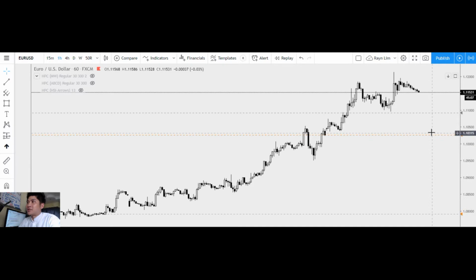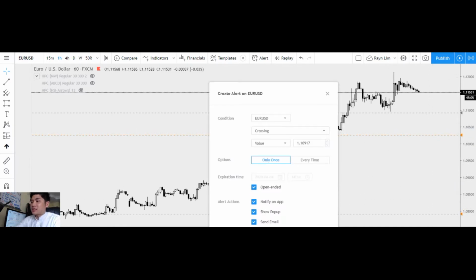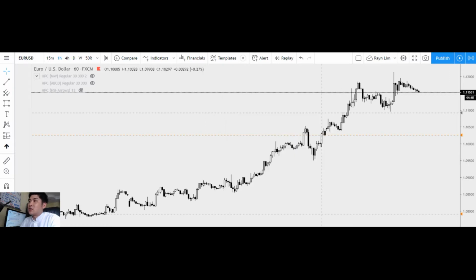So what I can do is send an alert on Euro Dollar, either on a 1-hour chart or a 4-hour chart. Once I did that, I can even write things like double top retracement. Then I can set the alert over here.